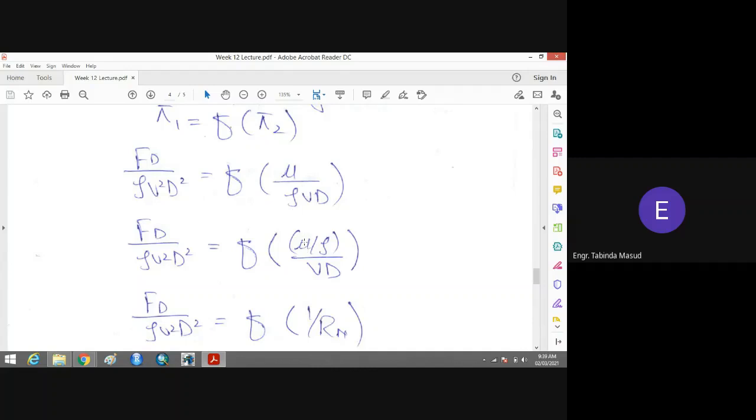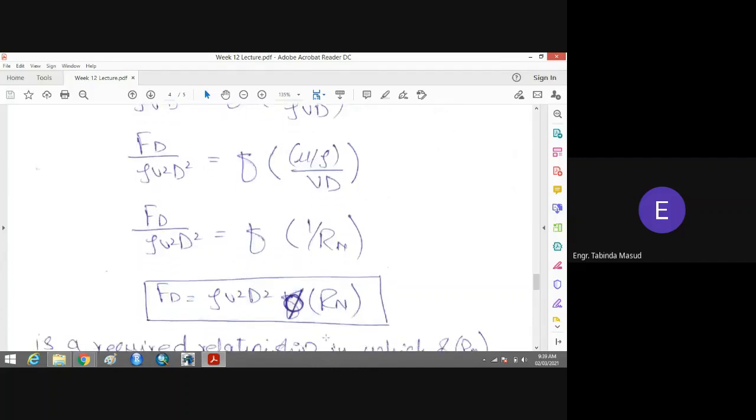So you can arrange the parameters and write that it is a function of the Reynolds number. So Fd is equal to rho into square of v into square of d, times a function of the Reynolds number, which is actually the coefficient of the drag force, which depends upon the Reynolds number.